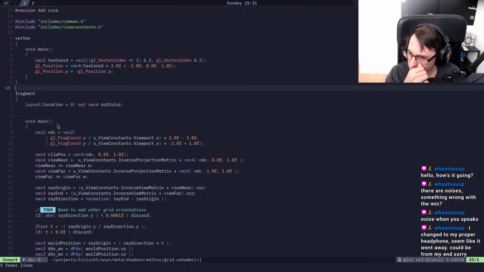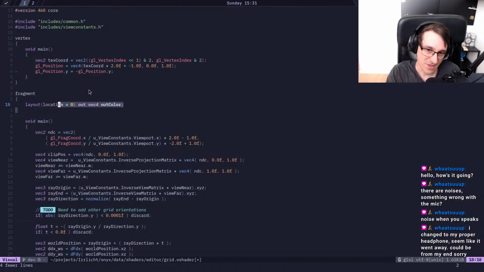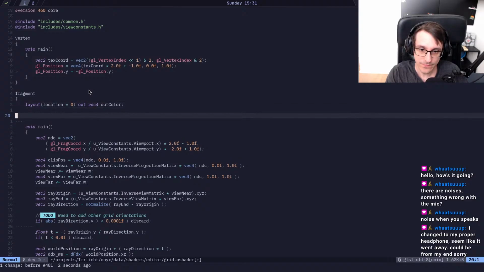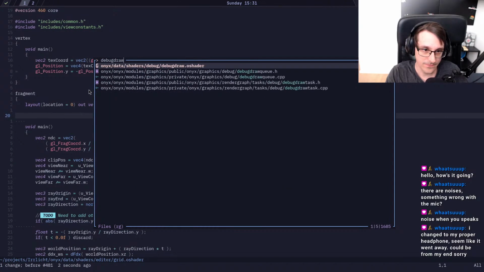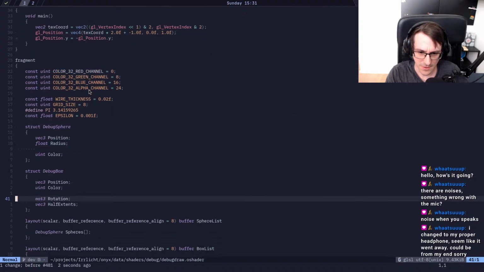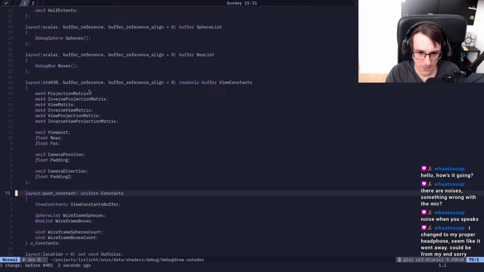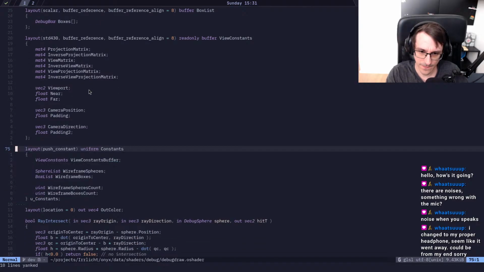Or maybe we fill it already from debug draw. Let's already do that. Push constants.